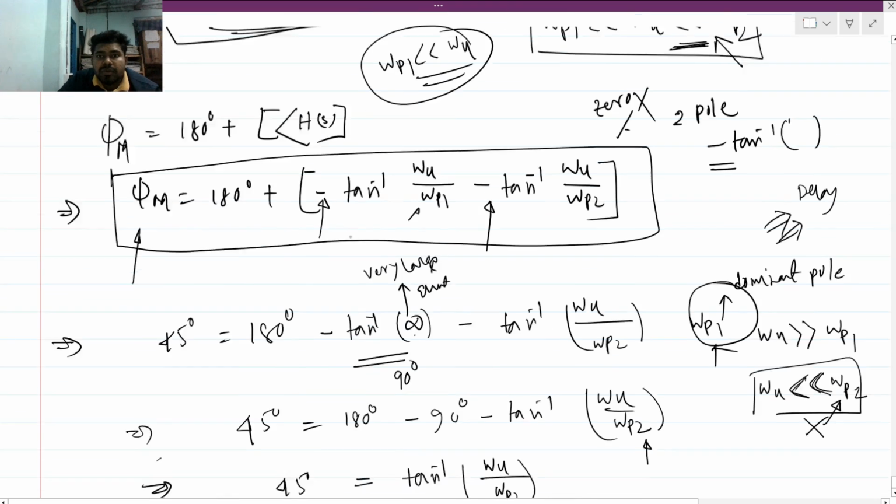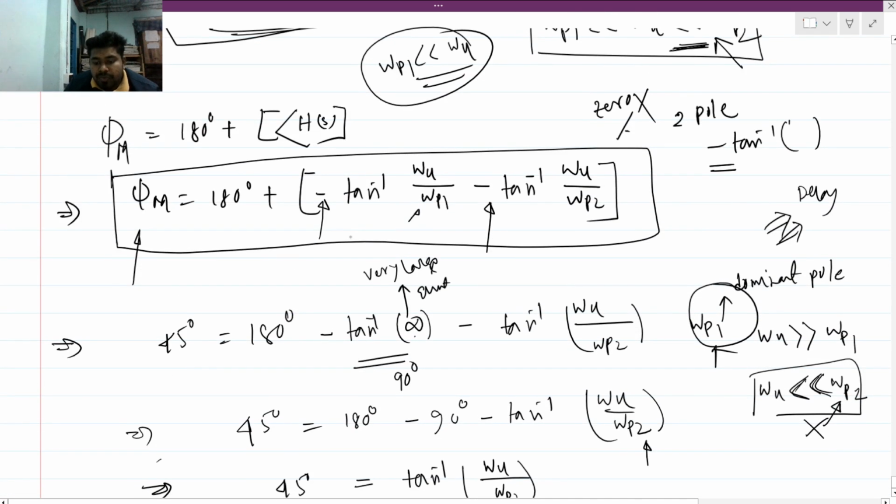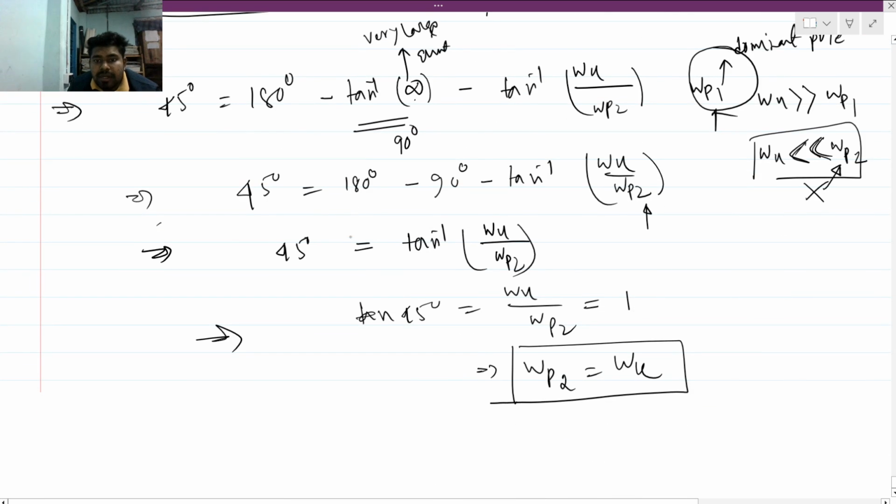We cannot take the earlier concept. What we are getting here is that the omega p2 location is exactly equal to the unity gain frequency, or gain crossover frequency.